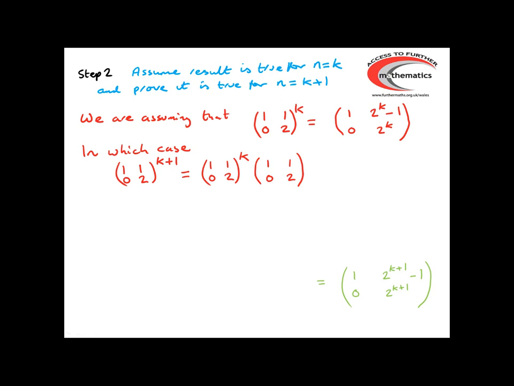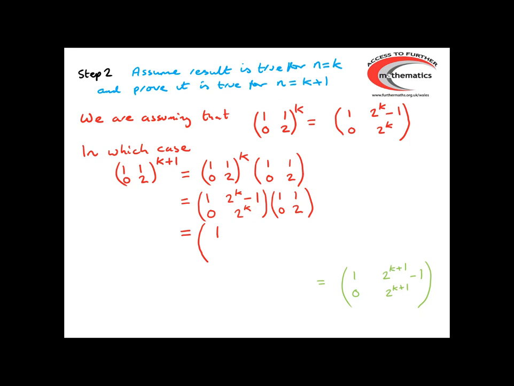So in order to fill that gap, we start off by doing our matrix multiplication. Well, we know that (1, 1; 0, 2) to the power k is equal to (1, 2^k - 1; 0, 2^k) by the assumption that we're making at the beginning of the step. So we've got to multiply that matrix by (1, 1; 0, 2).